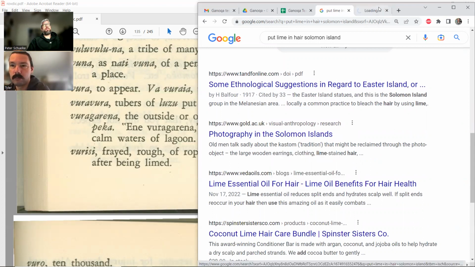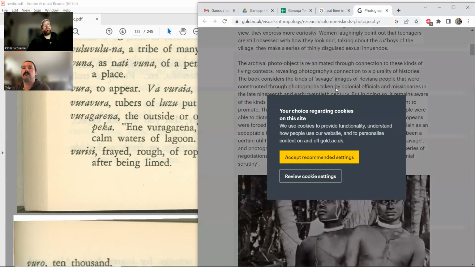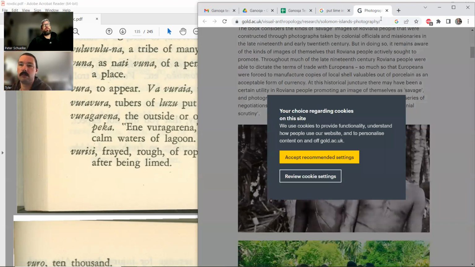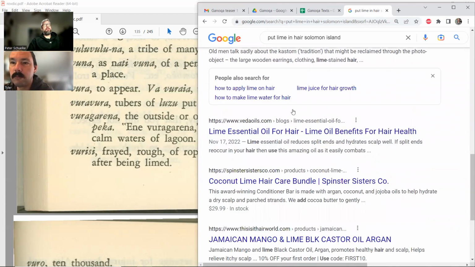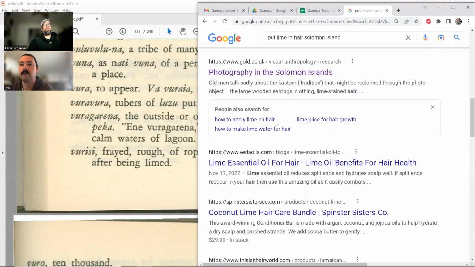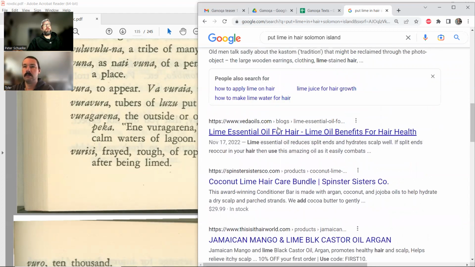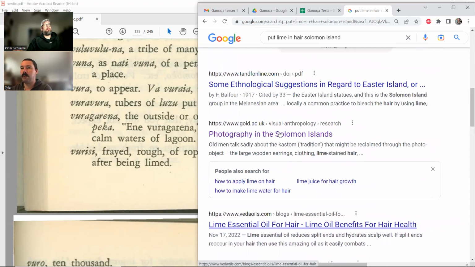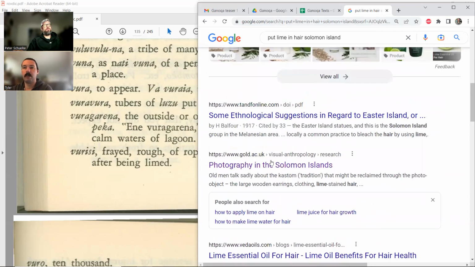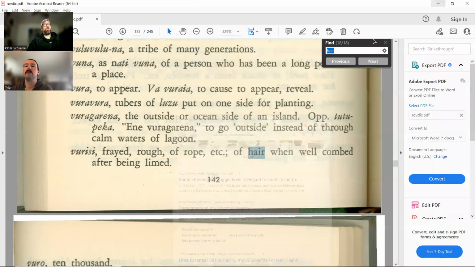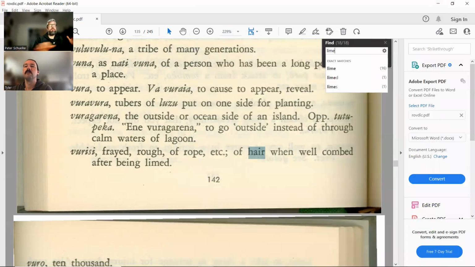Okay, let's see if it'll show us. I don't know if we're going to get in trouble for looking at this. But I've read this a lot. Lime oil, that's probably the fruit. So another thing we can do, we can search this for lime.